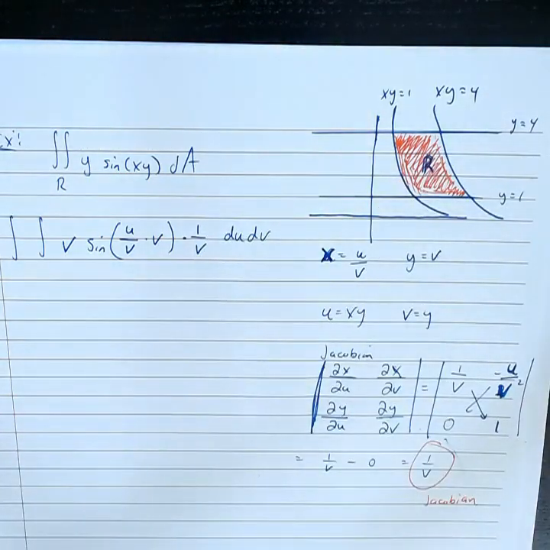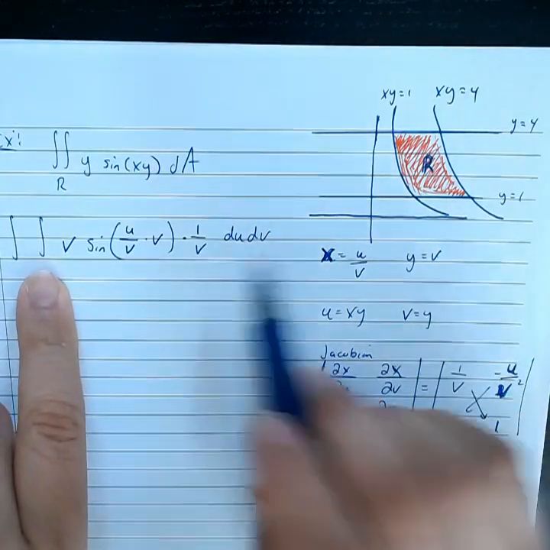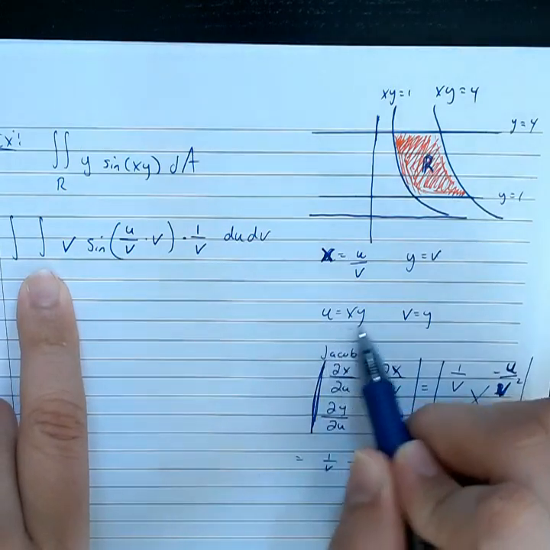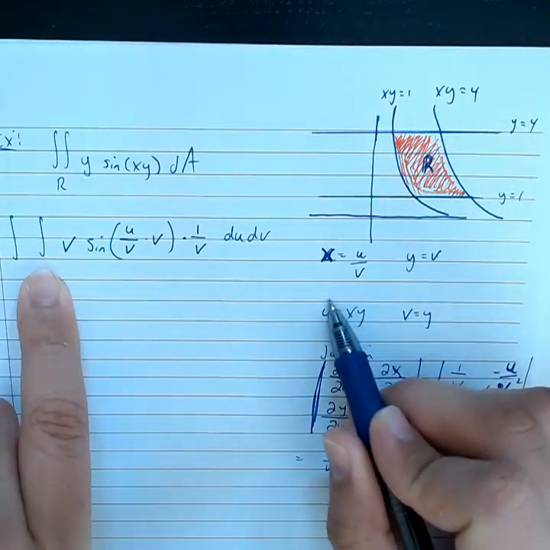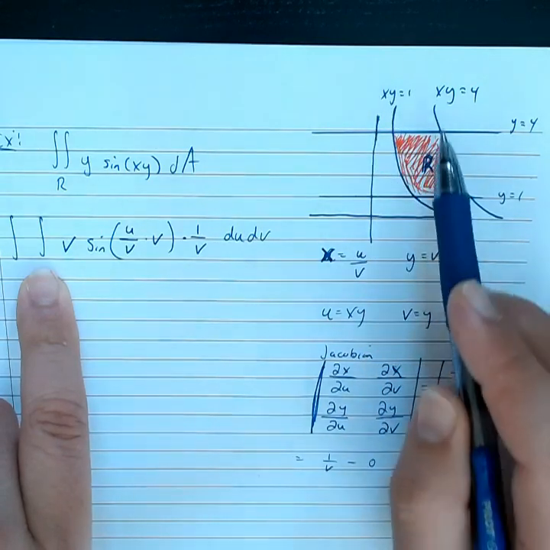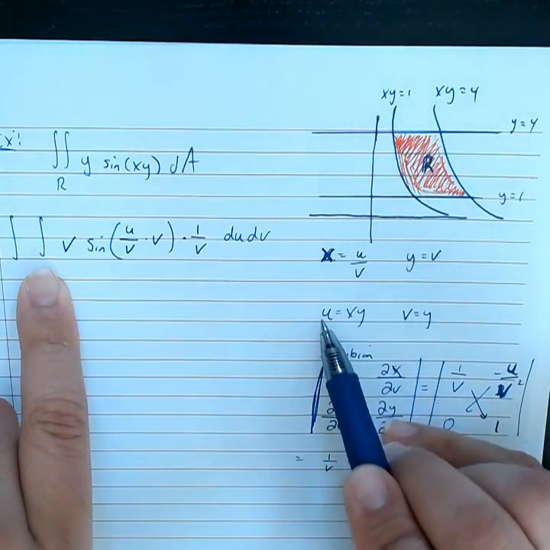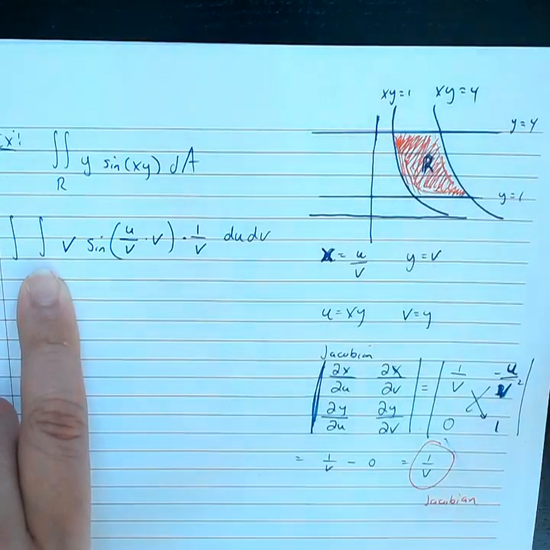And now let's talk about our boundaries. Because after all, here we have u. It's going to go from, well, let's see. u is equal to xy. Oh, but xy has the smallest value of 1, and xy has the largest value of 4, which means u must have the values from 1 to 4.